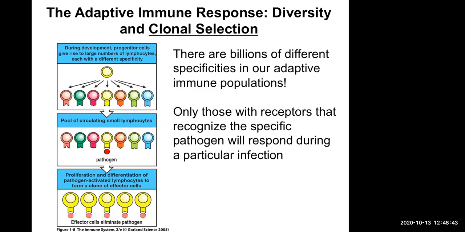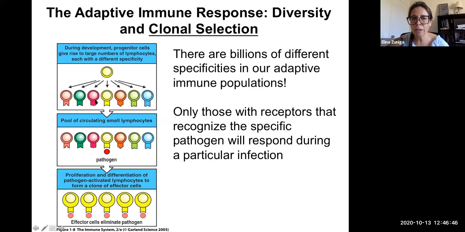But for now, you need to know that we have many lymphocytes in our blood when we are born. So it's not that we have a small number of lymphocytes. We have many B lymphocytes and many T lymphocytes, but we have very few that are specific for a particular pathogen or a particular structure.